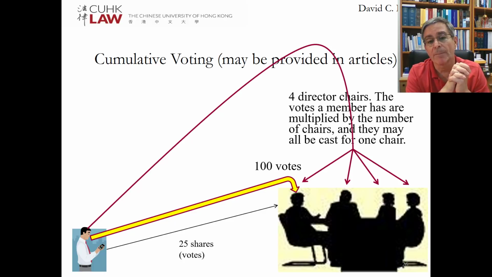So if that were done, then the member would be able to elect 1 chair, because let's say the 26 vote member is focusing on all of the board, and so for this one particular chair, we would have 100 votes versus 26 votes, and the minority member would be able to appoint one person to the board. That can be provided for in the Articles of Association of a Hong Kong company limited by shares, but it is not currently provided for in either the model articles or the Companies Ordinance.